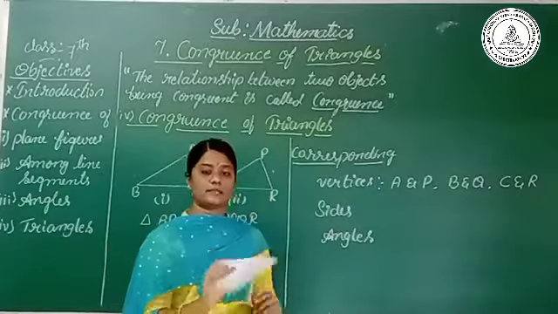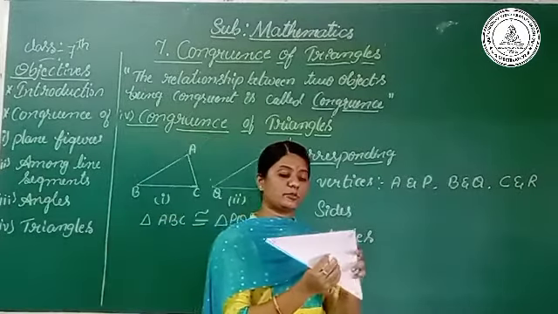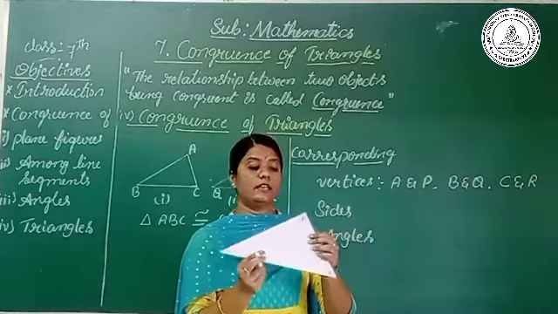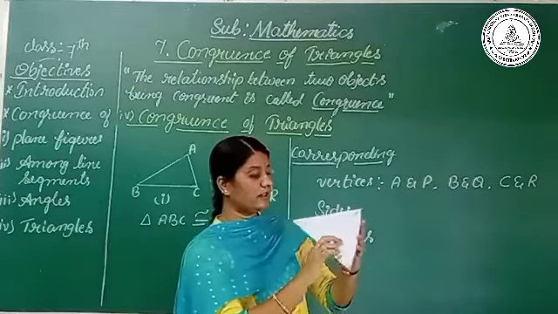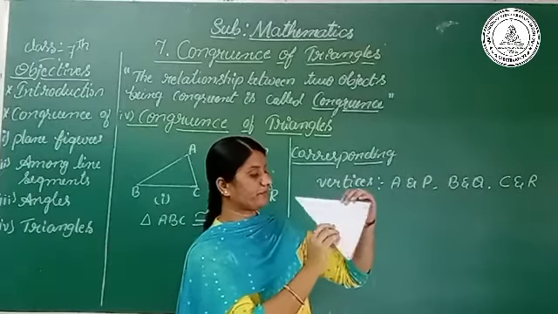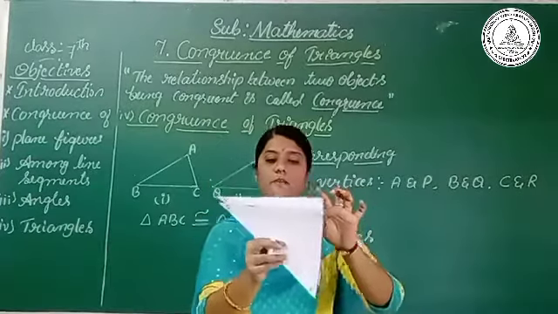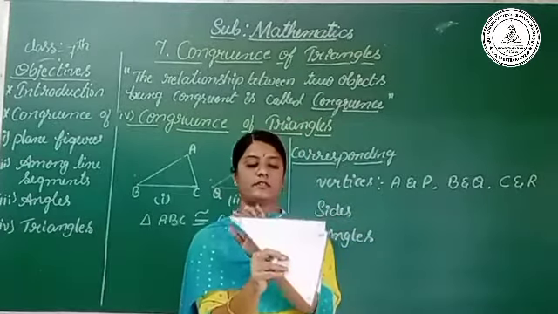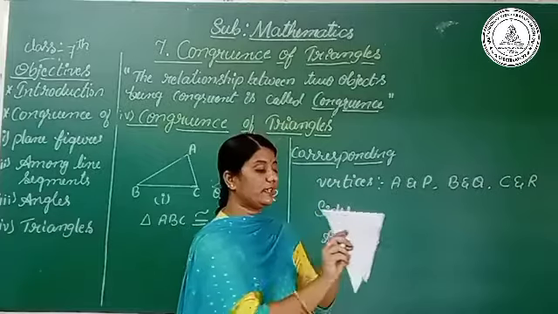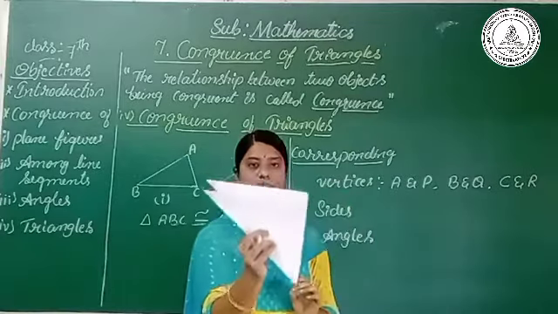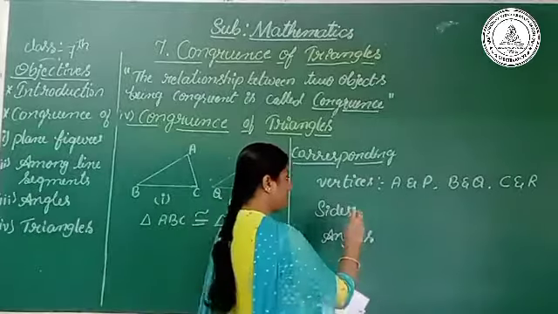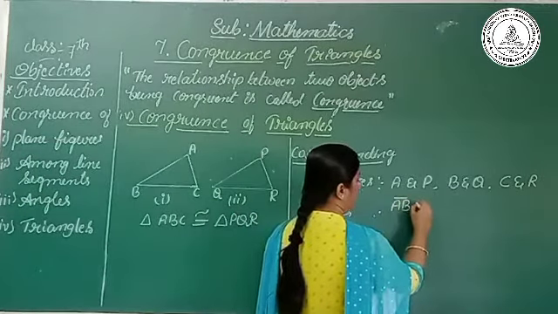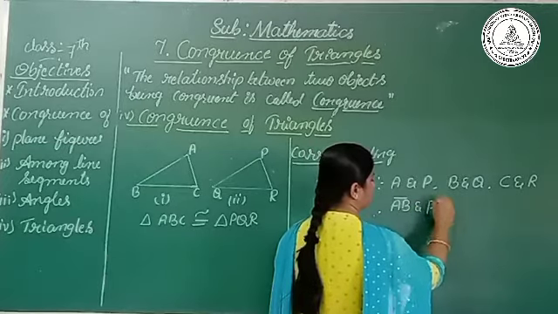Then the corresponding sides. These two triangles have the same length, right? So which sides are of the same length? The first one is AB and PQ. The measure of AB is equal to the measure of PQ. So these two are corresponding sides of the triangles. Write down here, corresponding sides are AB and PQ.